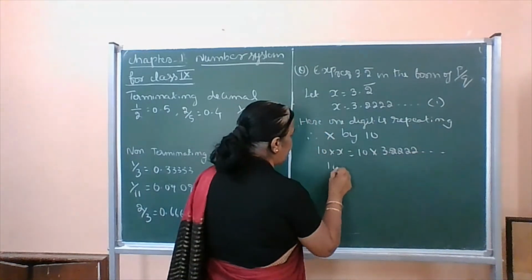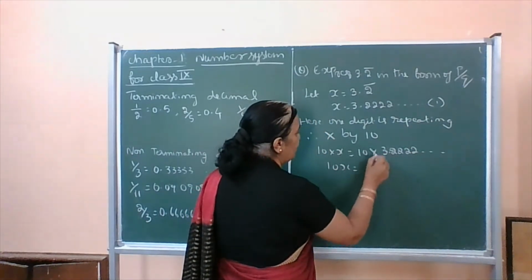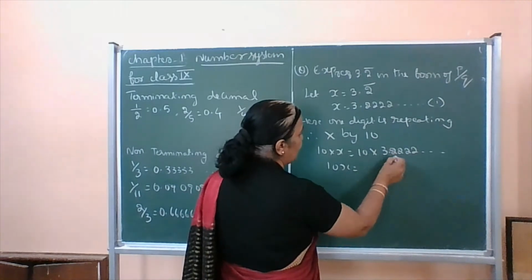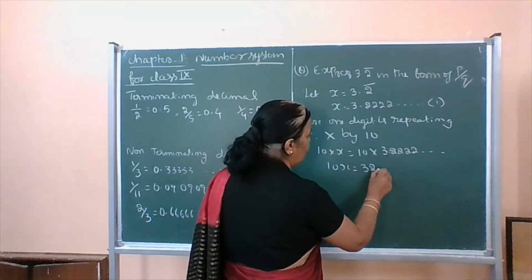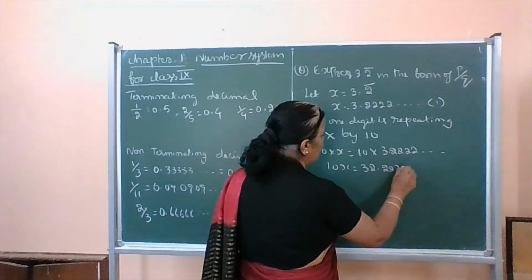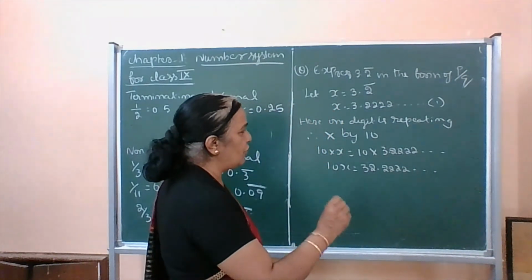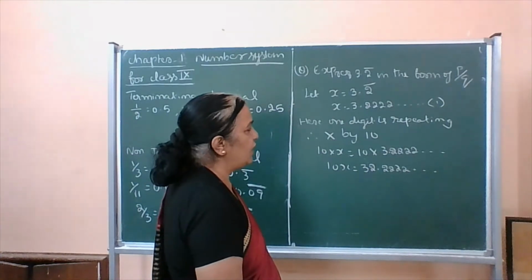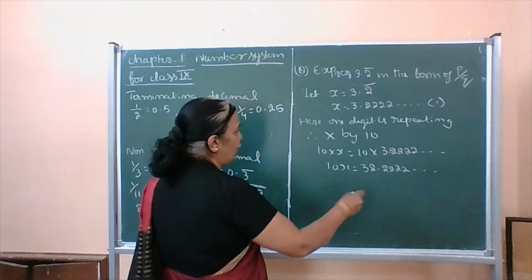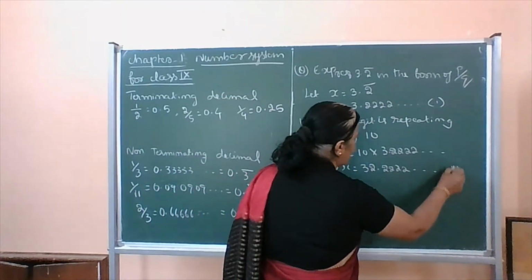That is 10x is equal to 10 into 3. That is one digit will come this side. That is 32.2222, like this. When you multiply by 10, one digit will shift towards the left side. Therefore, call this as equation 2.